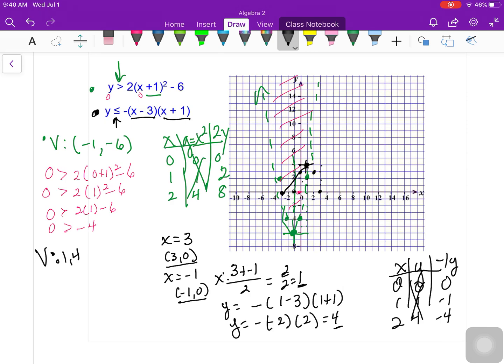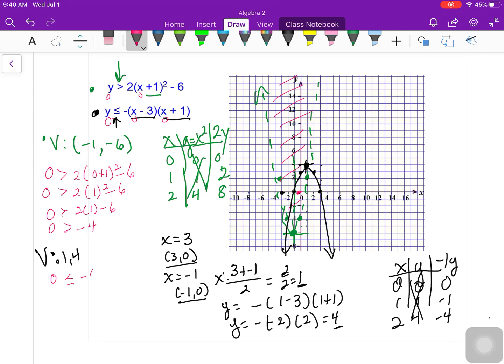And this one is a solid parabola. Let me just fix that. And again, I see this 0, 0 is inside that parabola.